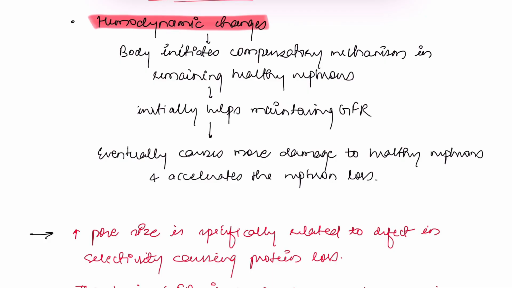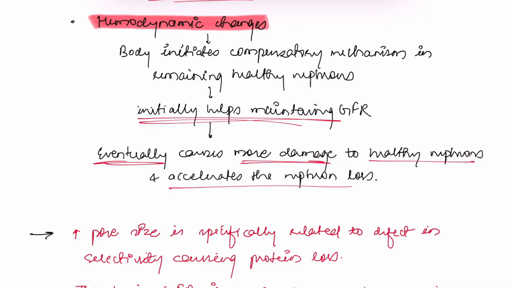And whenever the body imposes more workload on the healthy nephrons, they also start to get damaged. Initially they maintain the GFR, but eventually they cause more damage to the healthy nephrons and accelerate the nephron loss. So out of those 80 healthy nephrons, the number will keep on decreasing, and there will be more nephron loss, which will also contribute to decrease in GFR.